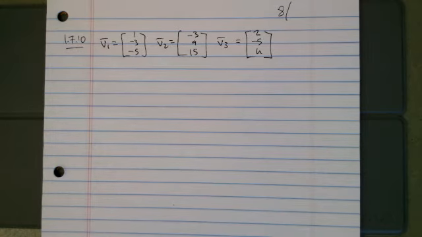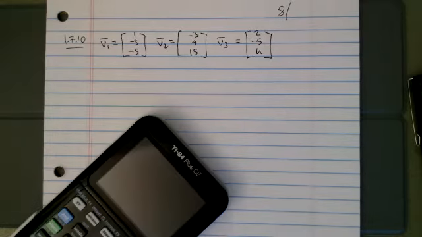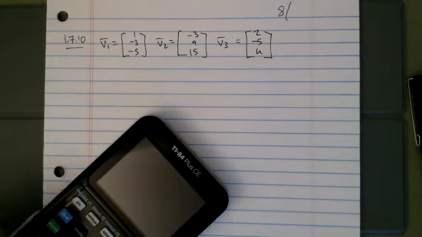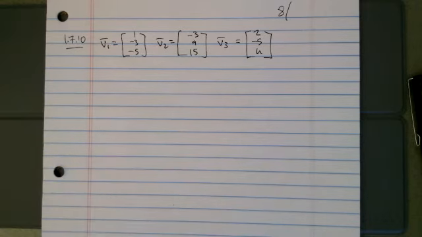V1 and V2 are multiples of each other. Notice that V2 is just -3 times V1. So we've already cut a lot of the work out before we even grab the calculator. If we notice right away that V2 is just -3 times V1, we're like, oh, calculator, I'm sorry, I don't need you.